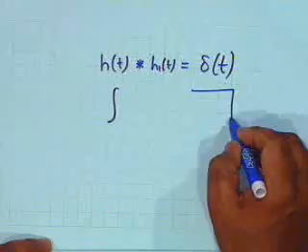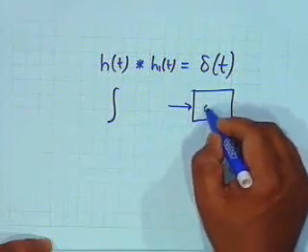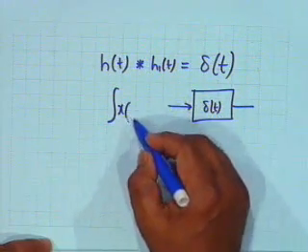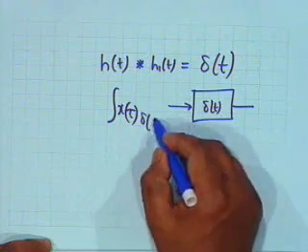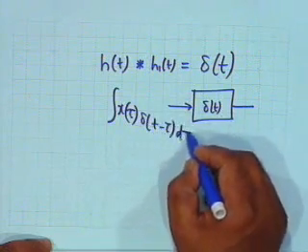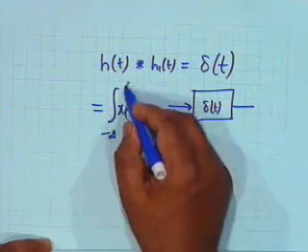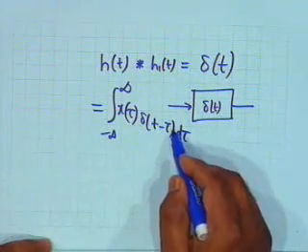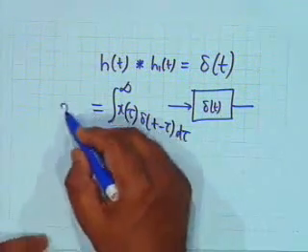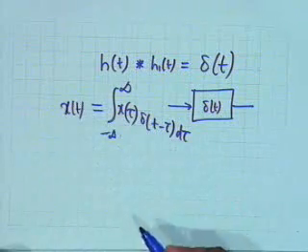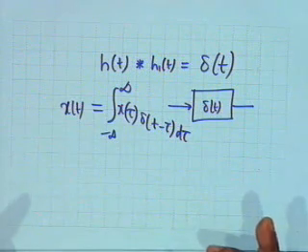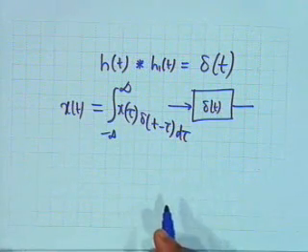Because after all, any system whose impulse response is delta t, what is the output to x of t? It is the integral of x of tau delta t minus tau d tau. And what is this equal to? By the property of the impulse function, it's equal to x of t. And therefore, identity system is one whose impulse response is equal to delta t.